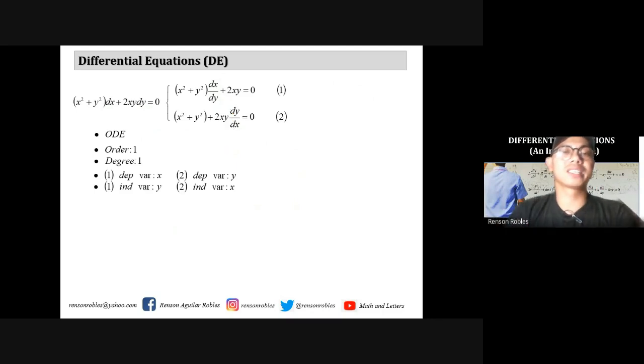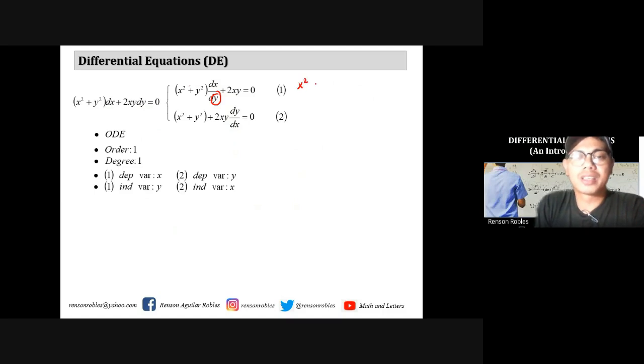Okay, and is this linear or non-linear? When you take a look at equation 1, our independent variable is y, but when you distribute dx/dy to each term, you have x squared dx/dy plus y squared dx/dy plus 2xy equals 0.